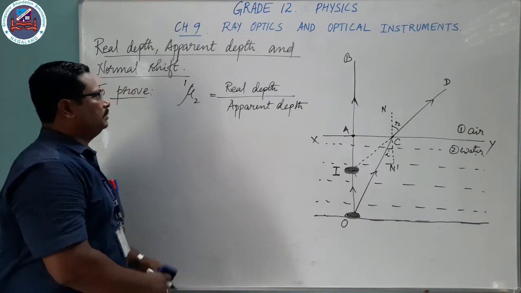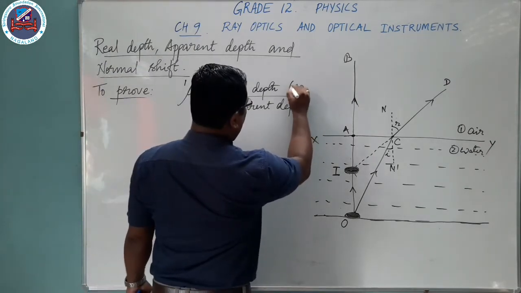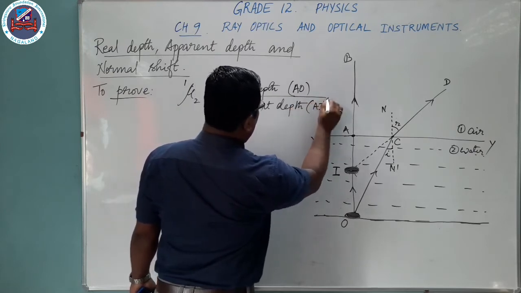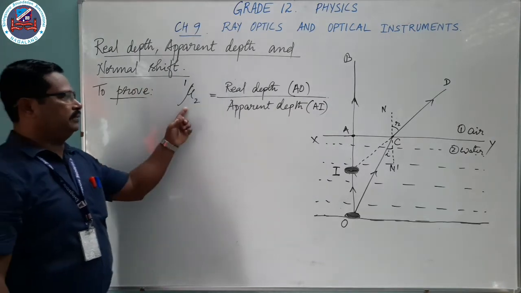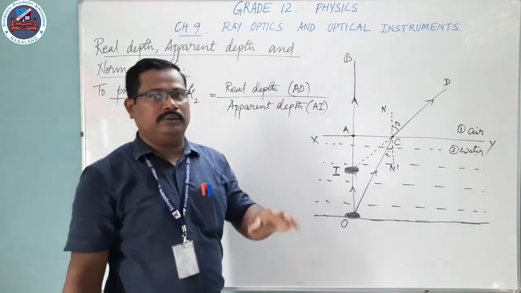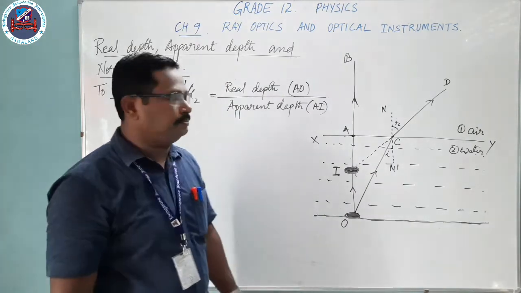So with this formula, real depth here is AO and apparent depth is AI. So these two, if you find out this ratio, you get the refractive index of water. This formula is useful while doing practical as well when you will do traveling microscope.